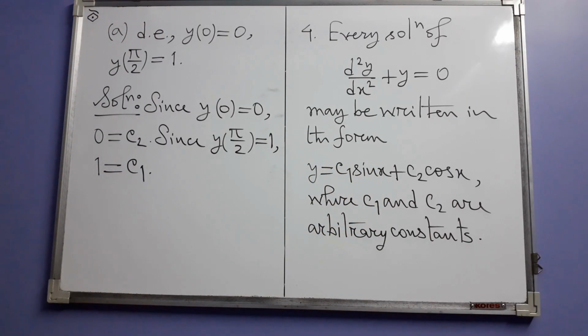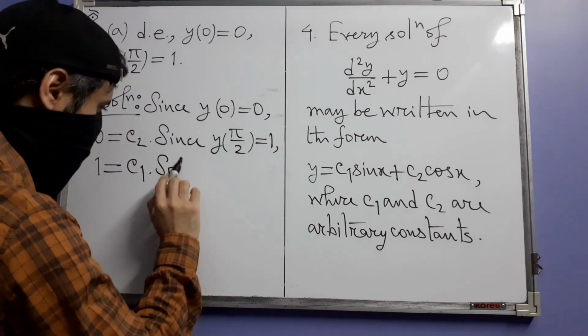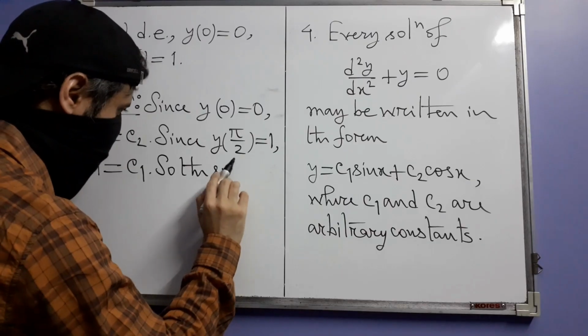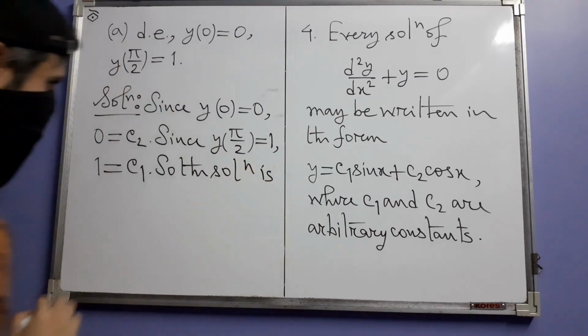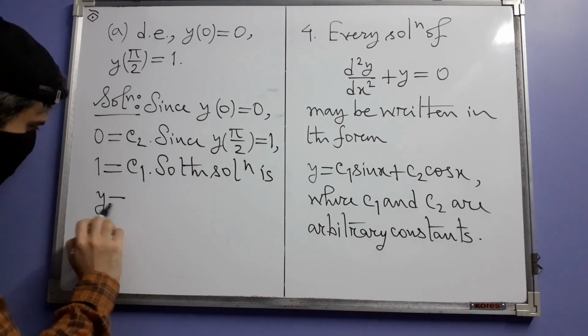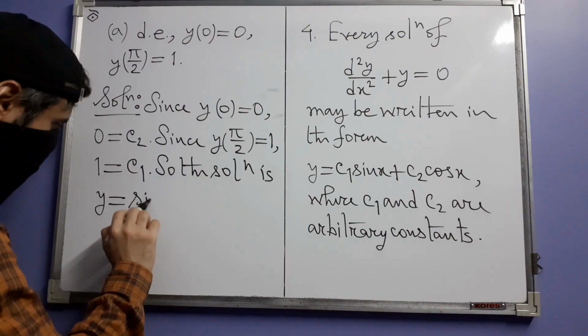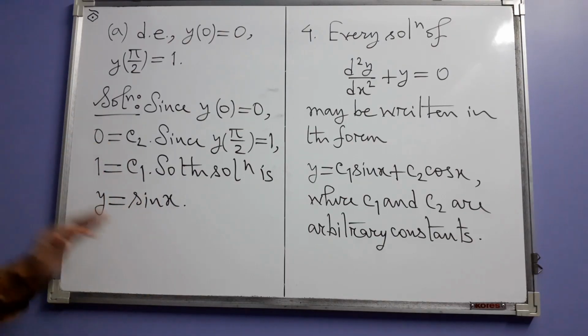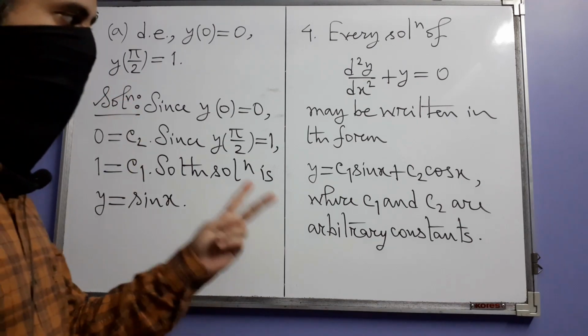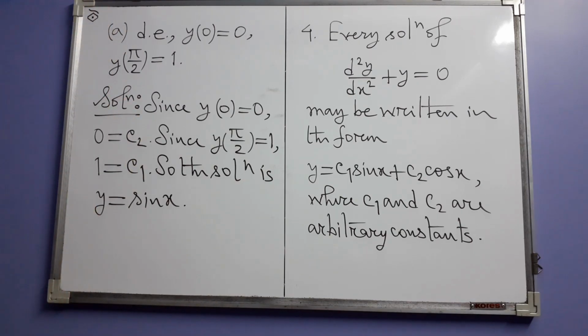So that means C1 is 1 and C2 is 0. So the solution is y equal to sin x. That is the particular solution to this 2-point boundary value problem.